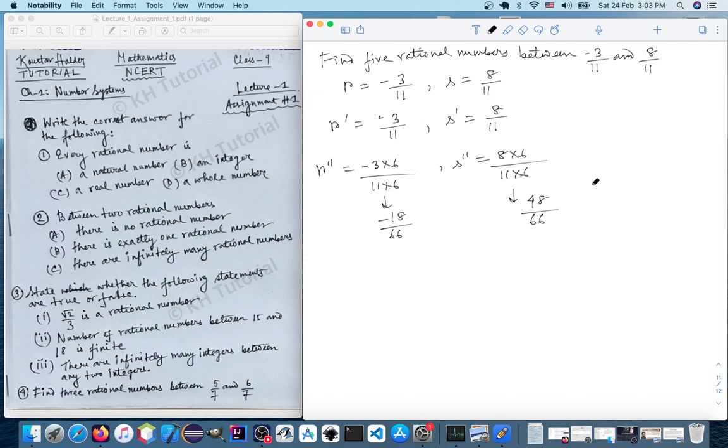So now we start with R double dash, and we keep on adding 1 and then 2 and 3 up to 5.